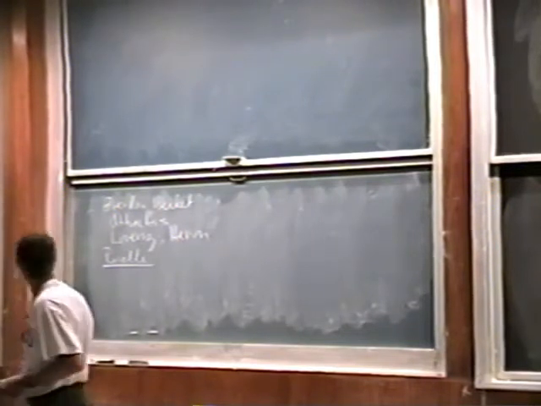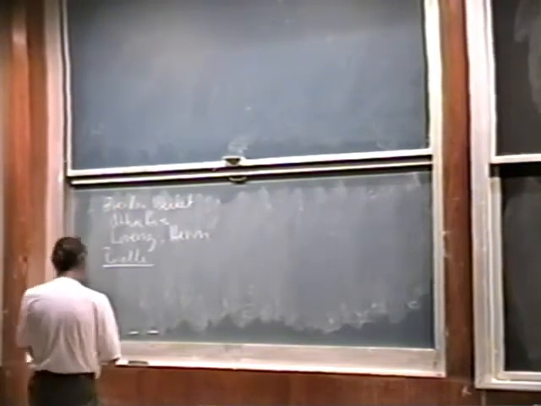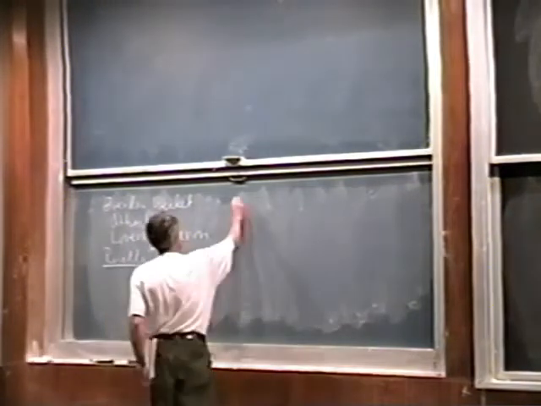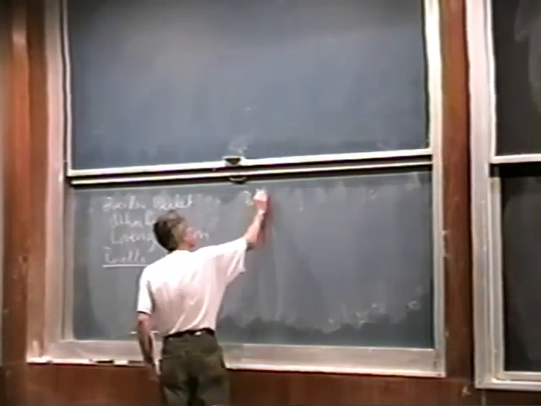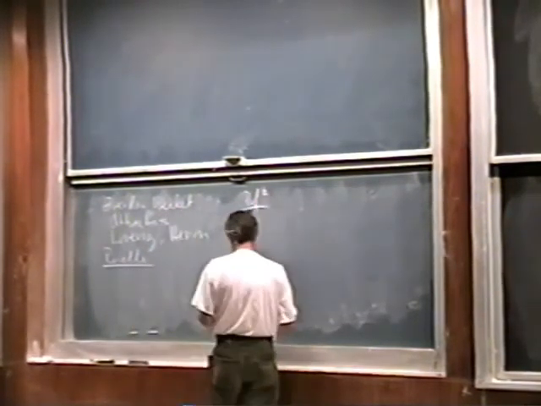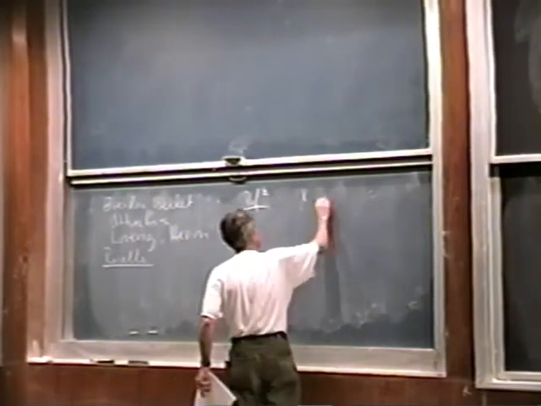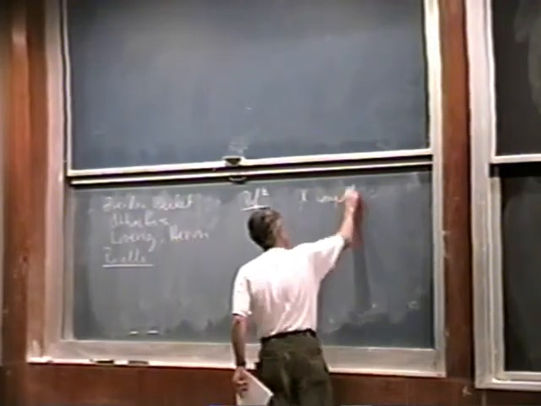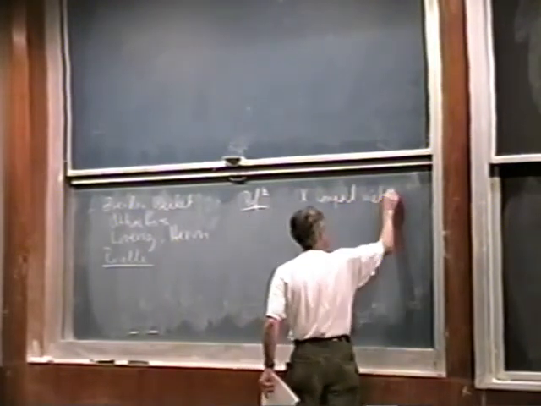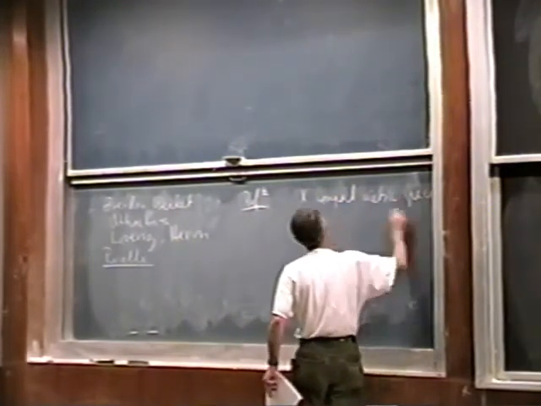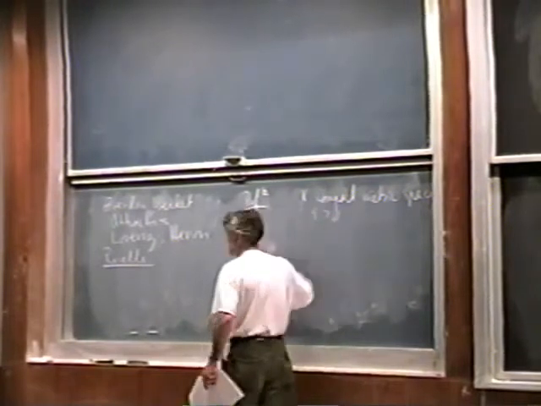Okay, so let me get down to the definition. A definition would be first pseudo-orbit. So X is a compact metric space, and epsilon is positive.